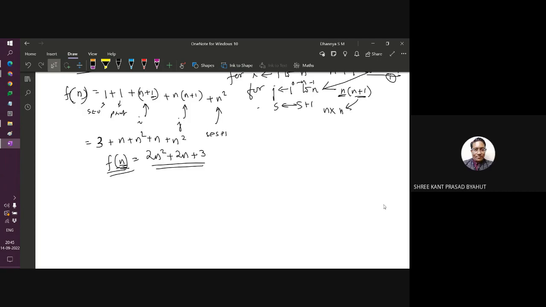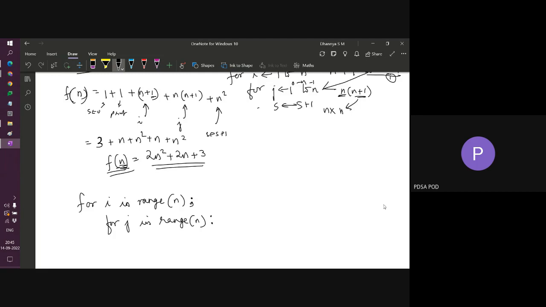Ma'am, once more this f(n) calculation of this 2n squared plus 2n plus 3, please explain once again. Okay, so for i in range n, for j in range n, s is assigned s plus 1.